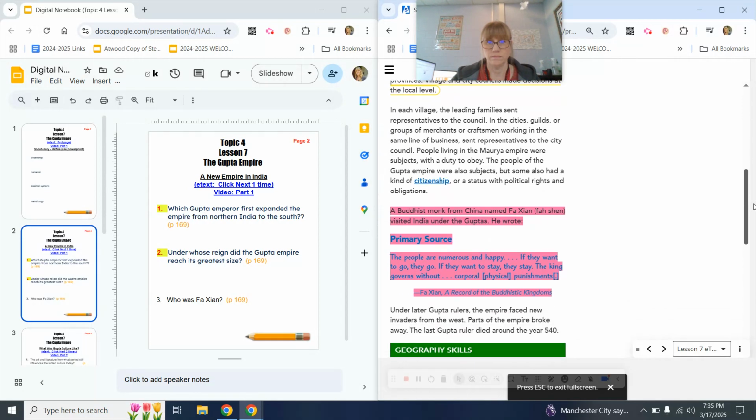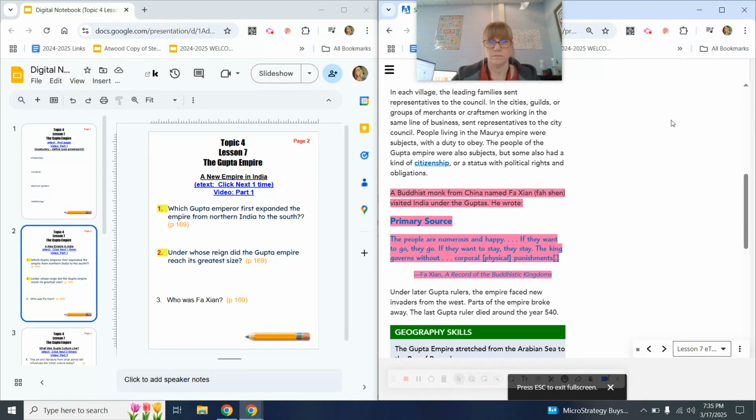In each village, the leading families sent representatives to the council. In the cities, guilds, or groups of merchants or craftsmen working in the same line of business, sent representatives to the city council. People living in the Maurya Empire were subjects with a duty to obey. The people of the Gupta Empire were also subjects, but some also had a kind of citizenship, or a status with political rights and obligations.